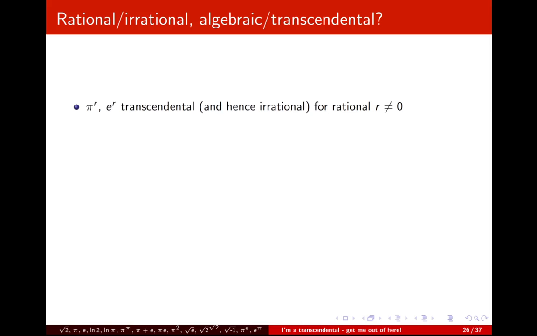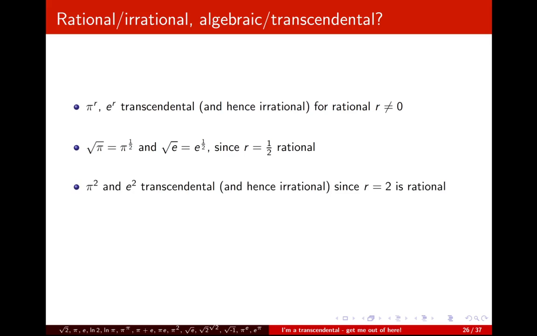What about powers of pi and e for rational powers R? Well, they are transcendental and also irrational. For example, if R is a half, the square root of pi and the square root of e are both transcendental and hence irrational, as are pi squared and e squared, which are powers of pi and e with a rational R, which is 2.